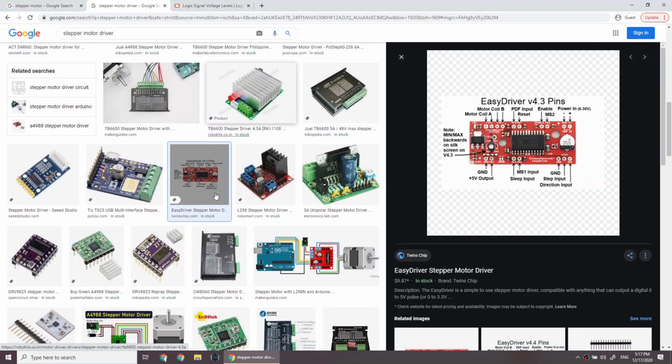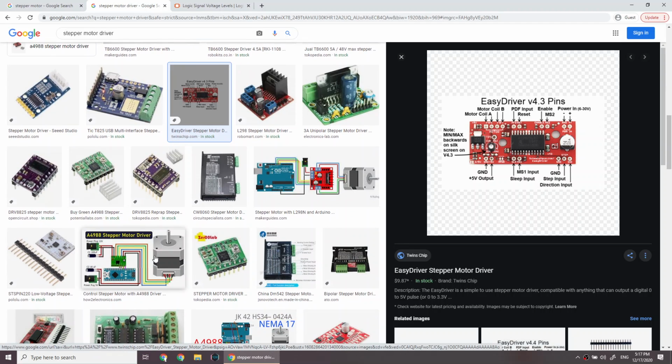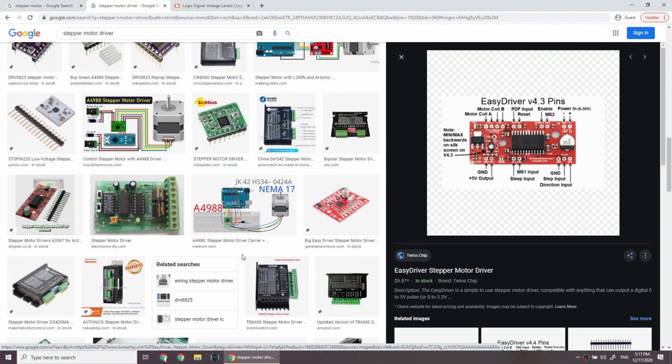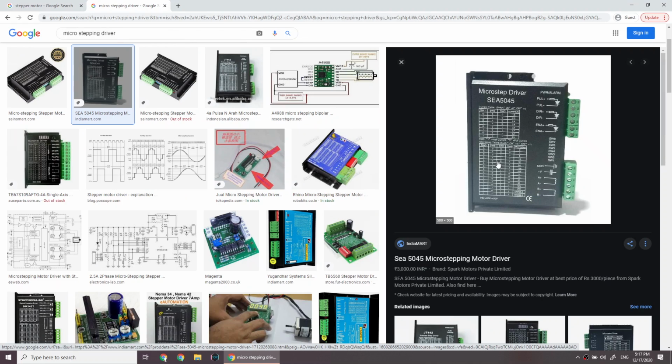One other thing that most of those driver circuits share is micro-stepping. Micro-stepping is a way that you can increase the number of steps of your motor. Usually the stepper motor comes in a 1.8 degree step.